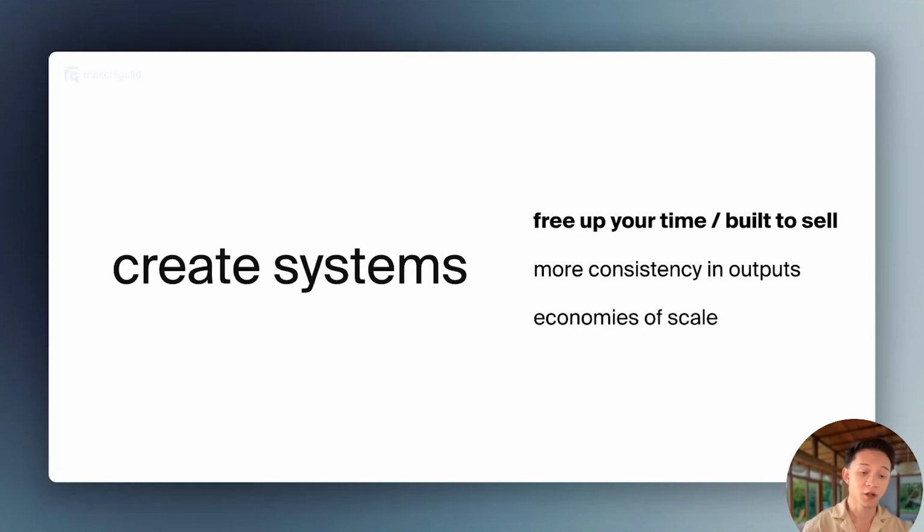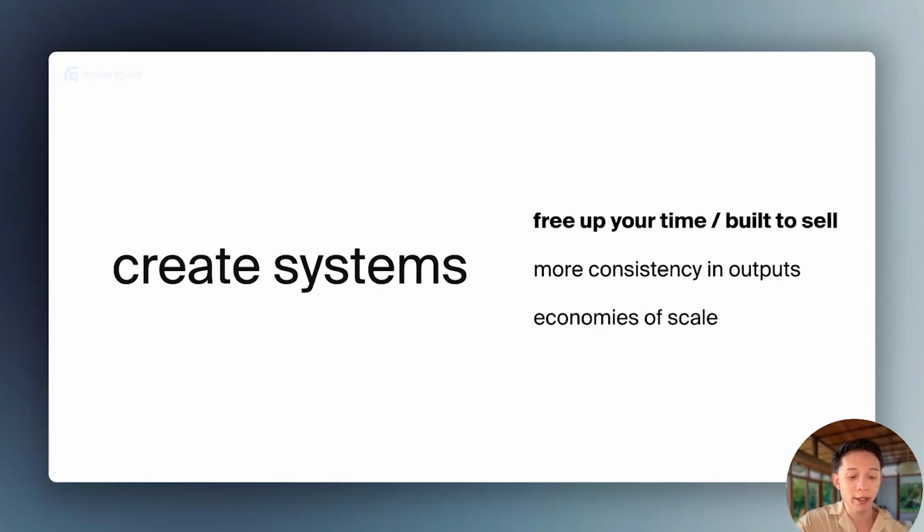So, the first benefit really of creating systems is obviously to free up your time. But freeing up your time is also, to put it into another perspective, building a business that has exitable value that you can actually sell. And this is even if you don't want to sell your business, if you see it as a lifestyle business, you should still structure and try to see your business as building it to be able to exit from, right?